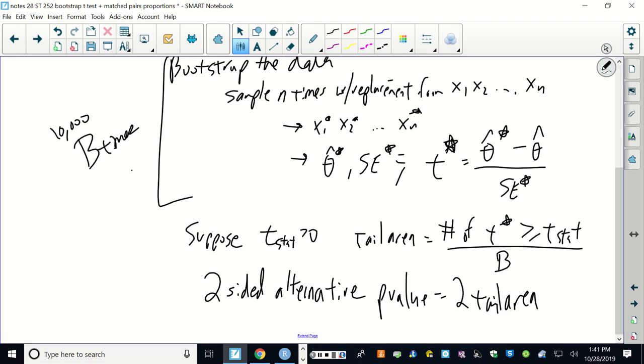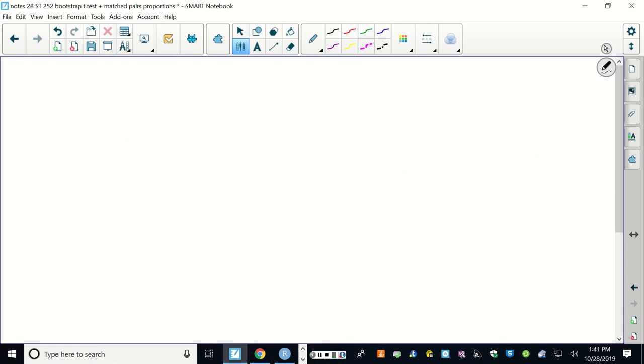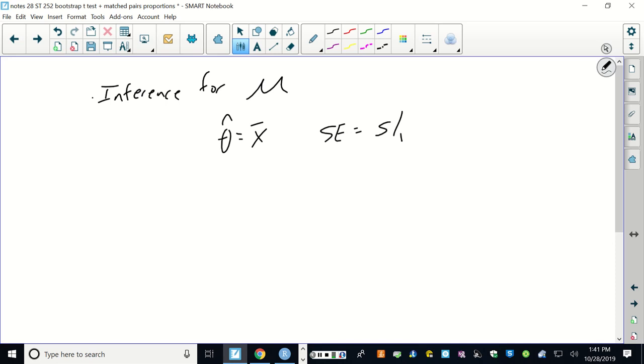Right? So in the motivating example, when we were doing inference for mu, then our theta hat is just our x bar, and our standard error was s over the square root of n.